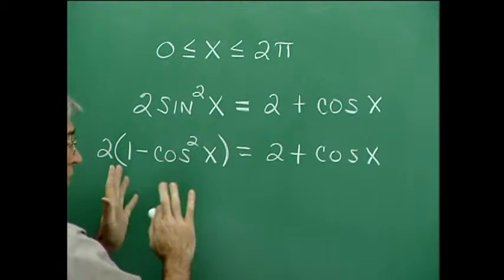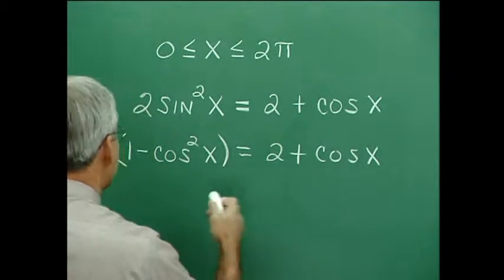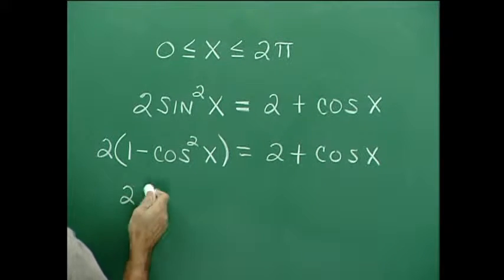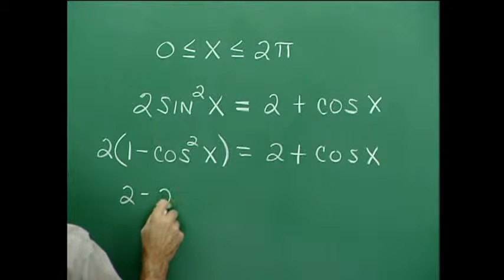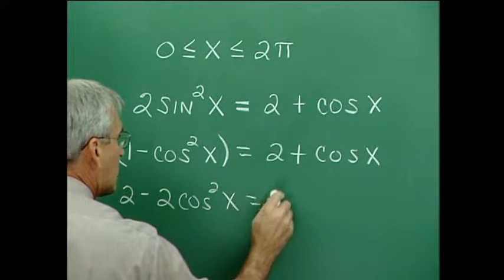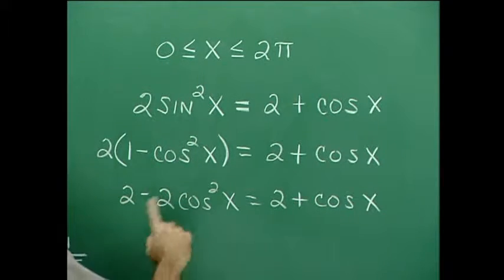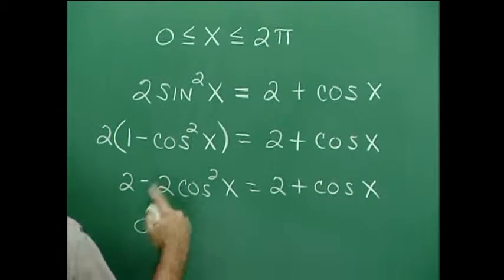So I'm going to throw all the terms to one side and try to factor, or some kind of strategy like that. At any rate, we have 2 minus 2 cosine squared x equals this business. And now I'd like all the terms on one side. I'll throw them to the right.